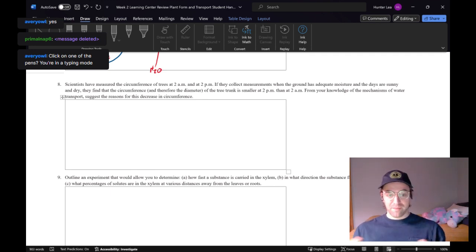In the tree, this pull can be measured as an actual decrease in circumference. So when transpirational pull generated by evaporation is great, xylem.